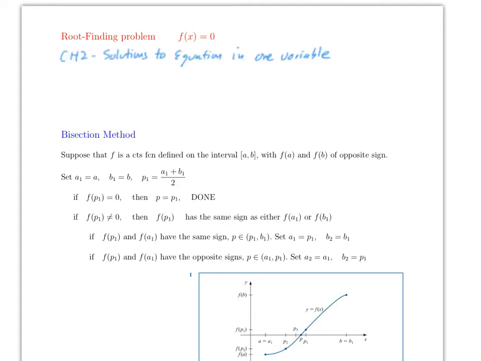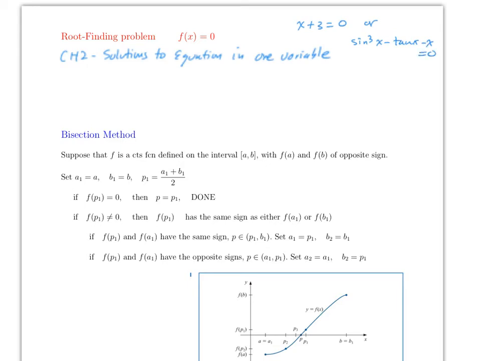Okay, so notice how it doesn't say linear equations. It could be any equation in one variable. Like it could be something as simple as this, which my cat can do, or something as complicated as this. Yeah, so it's just one variable.